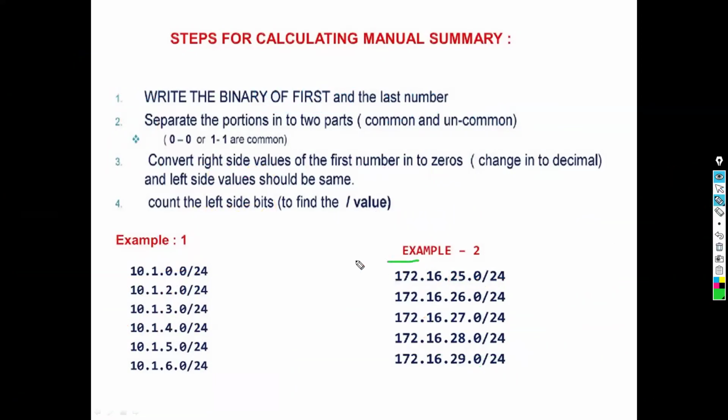You can take the first network and the last network. 172.16.25.0 is the first network, and the last is 172.16.29.0/24.